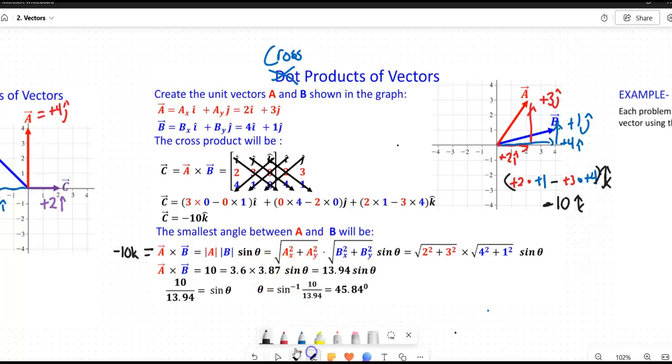And again, we know this is going to be equal to negative 10. Now, 10 divided by 13.94, take the inverse sine of both sides, we get 45.84. So the smallest angle between A and B is going to be 45.84.